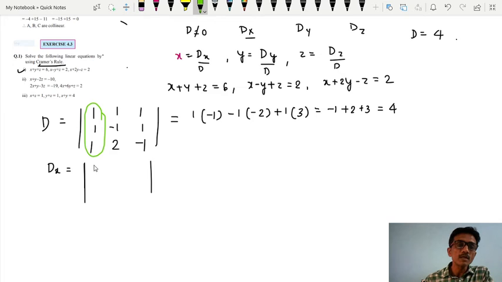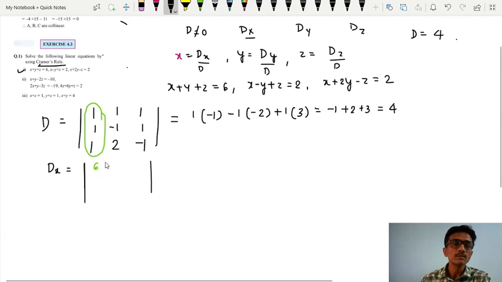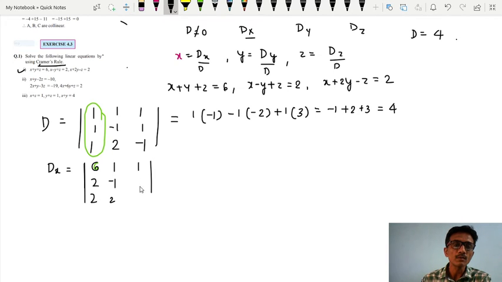So we replace this first column by the constants. So we replace 6 here, 6, here 2 will come and this 2, then 1, minus 1, 2, 1, 1 and this minus 1. So what I did here, the coefficients of x we replace by the constants. We are getting Dx.